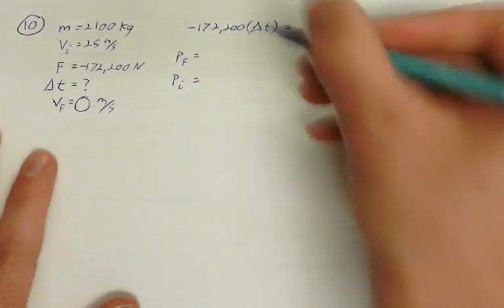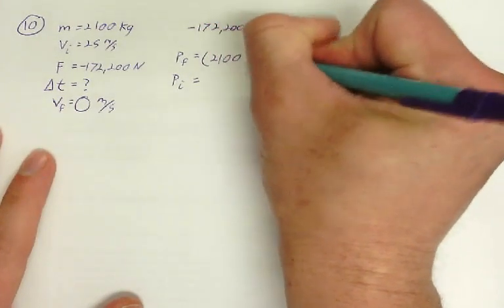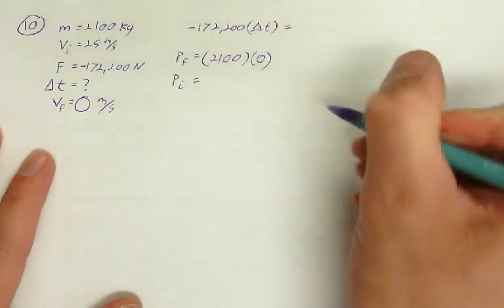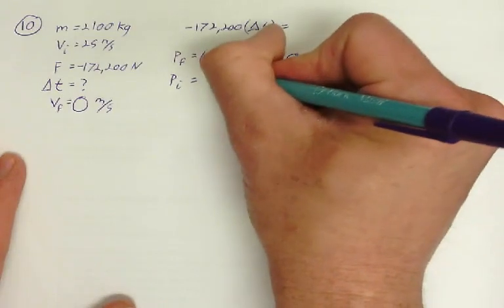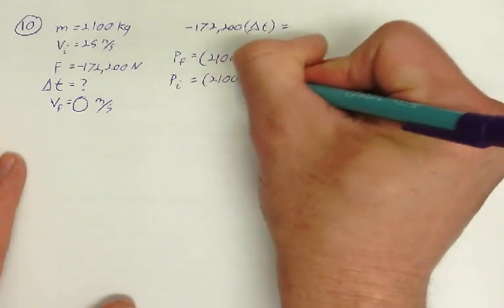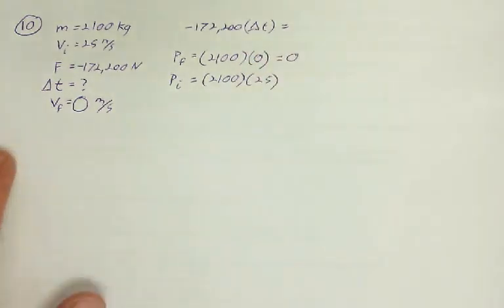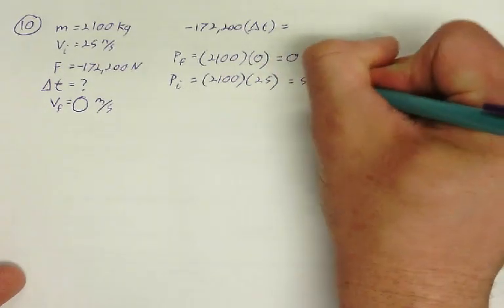So p final would be mass times final velocity, which is 0 because it comes to a stop, so p final is 0. p initial would be mass times initial velocity. That's going to be 52,500.